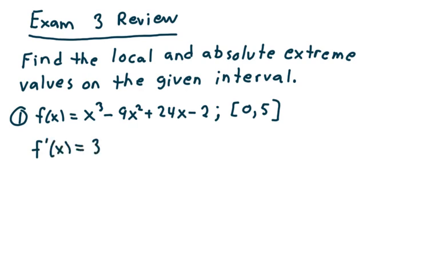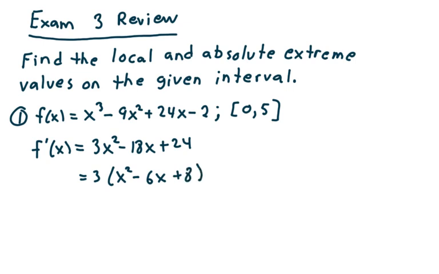F prime of x is 3x squared minus 18x plus 24, which is equal to 3 times x squared minus 6x plus 8. And we can go one step further and say this is 3 times x minus 2 times x minus 4.